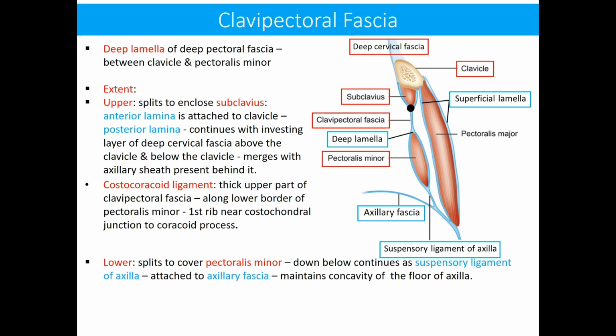At its lower extent, it splits to cover the pectoralis minor. Down below, it continues as the suspensory ligament of axilla, which is attached to the axillary fascia and maintains the concavity of the floor of the axilla.